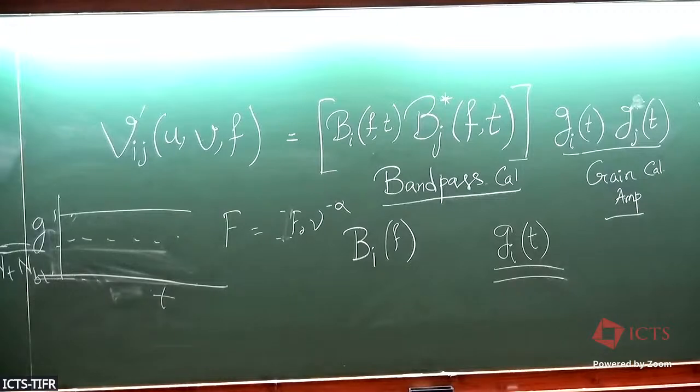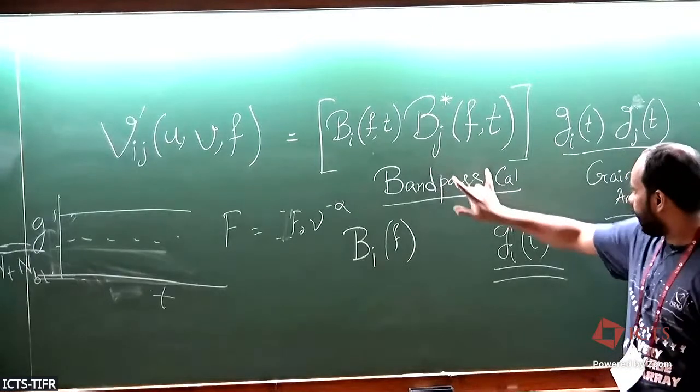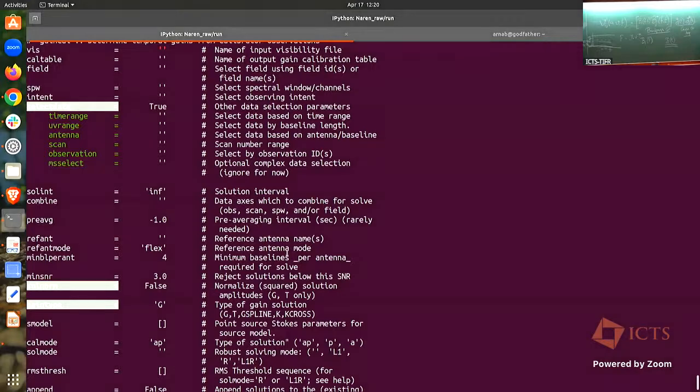So now let's again do the default gain cal. So what have you done? You have done this thing and now you are solving for this thing, okay? The time component of your gain.